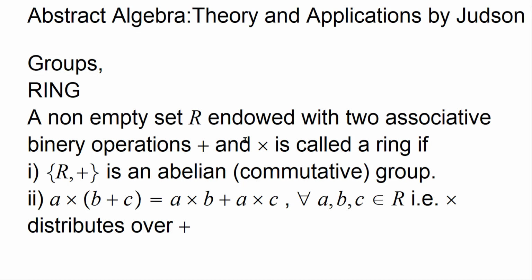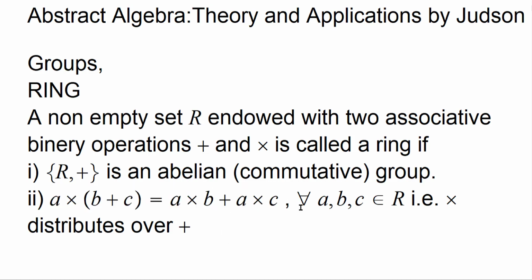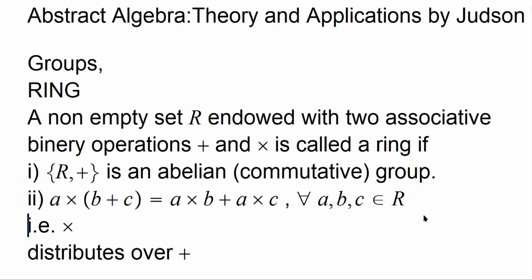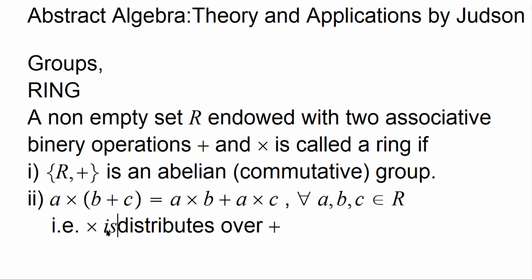And then we also have another binary operation in there, that is multiplication, which is associative, and in addition, satisfies this property, that is a × (b + c) = a × b + a × c for all a, b, c in R. In English, we say that the multiplication is distributive over addition.